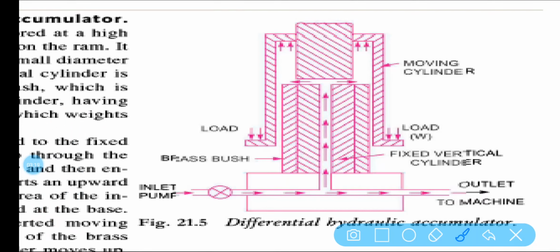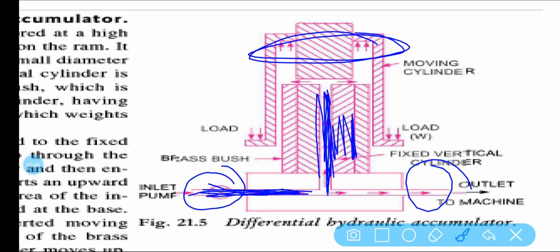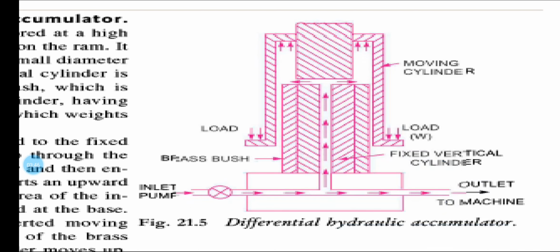You can see this is your inlet pump where the compressed liquid is placed, and this is your outlet. This is your moving cylinder, and this is your fixed cylinder. Okay, fixed cylinder, and this one is your moving cylinder.